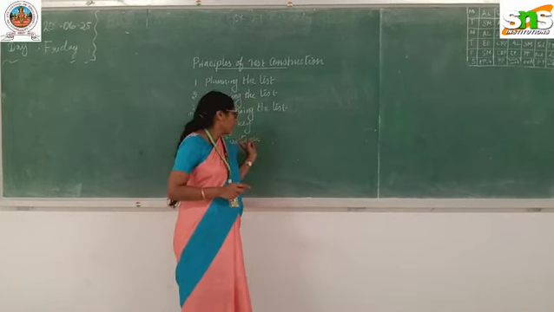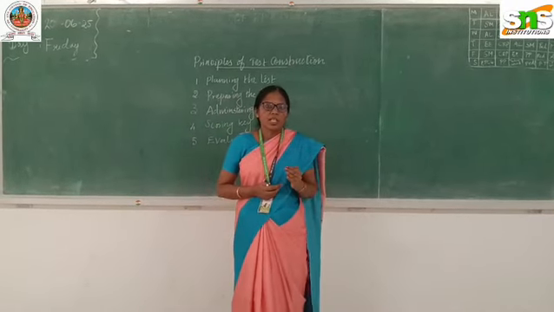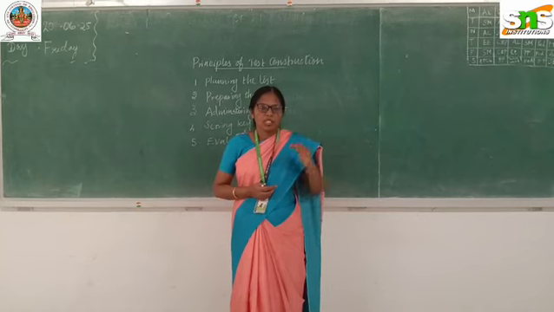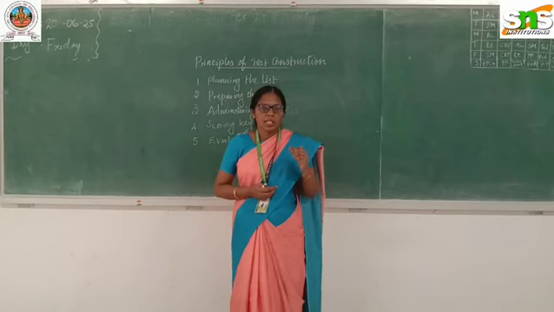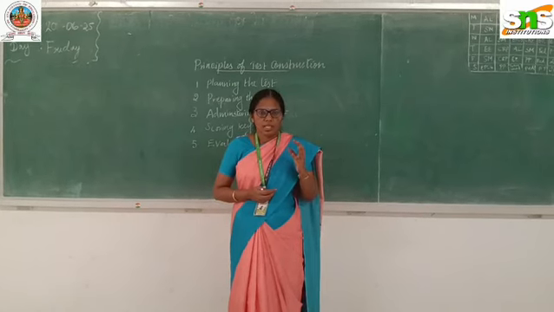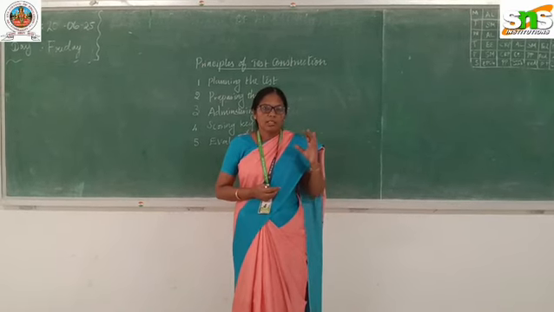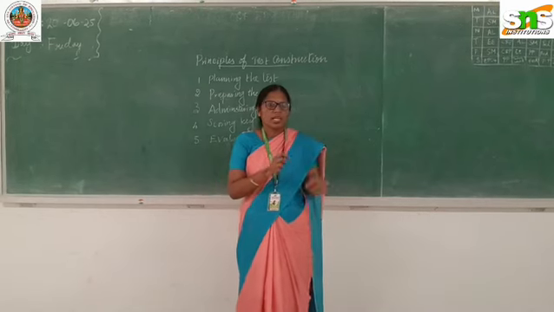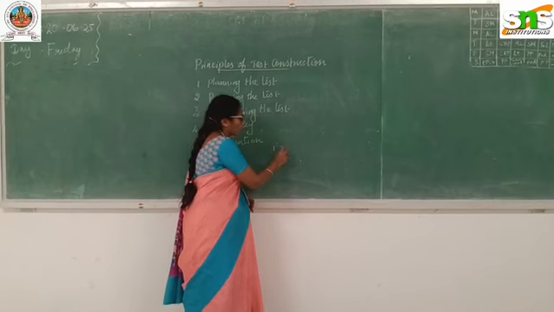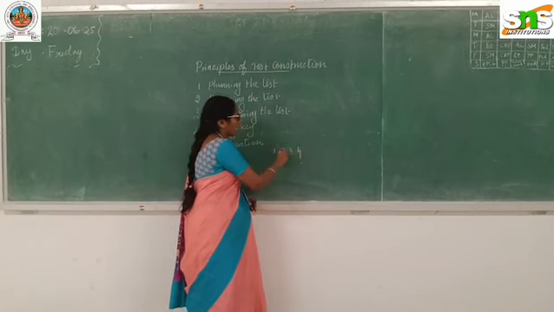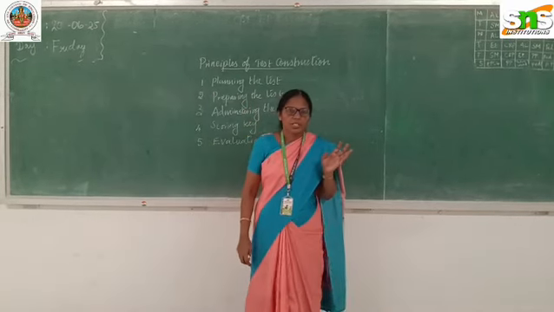The last step is evaluation. Evaluation means we are analyzing all the questions, answers, and marks of all the students. How many marks they have taken, and each question we analyze. Suppose you have 10 objective type questions, you analyze how many students got the first question right, and so on, and we analyze each question.